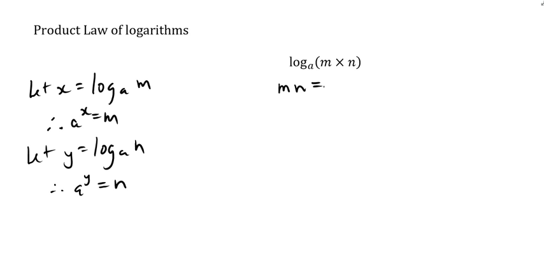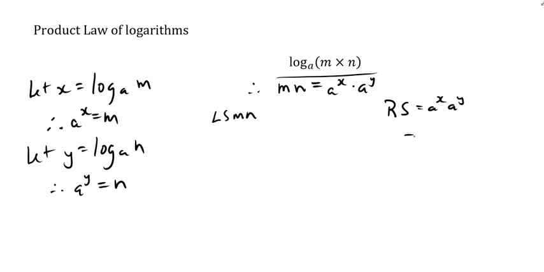And so I'm going to start with this. This isn't really following from there. I'm just using the space on the page. I'm going to start with m times n is a to the x times a to the y. So left side is mn, right side is a to the x, a to the y, which is a to the x plus y.